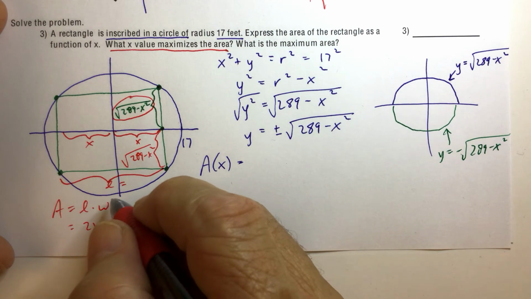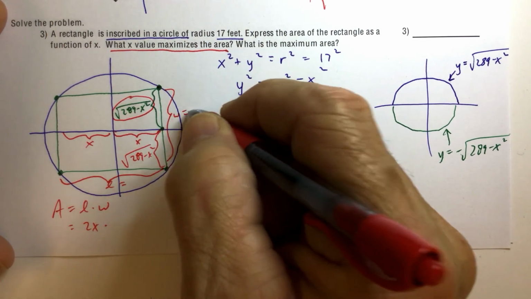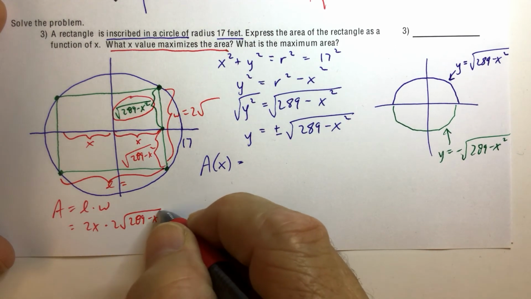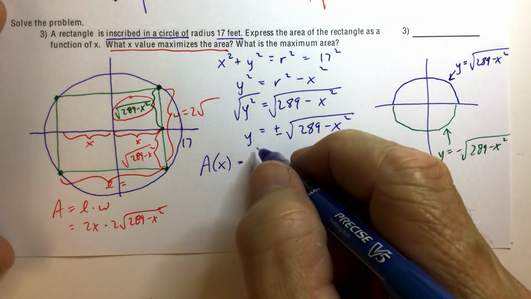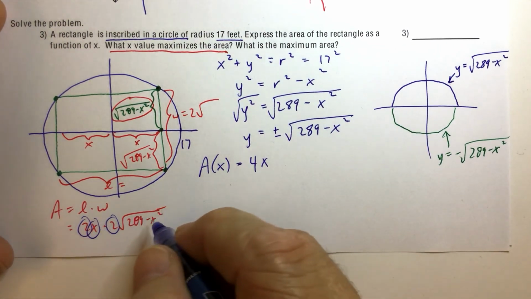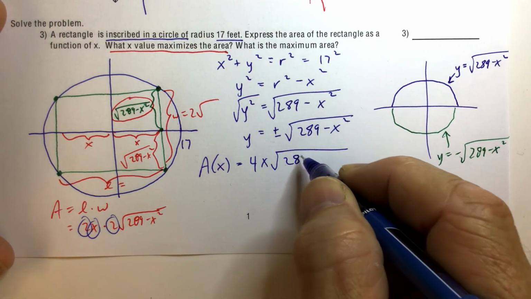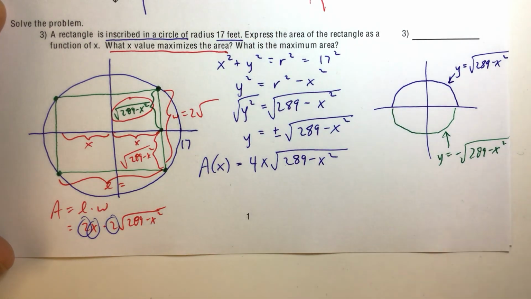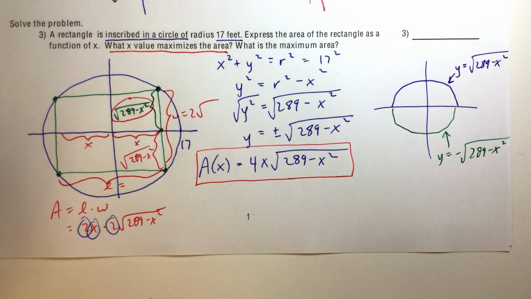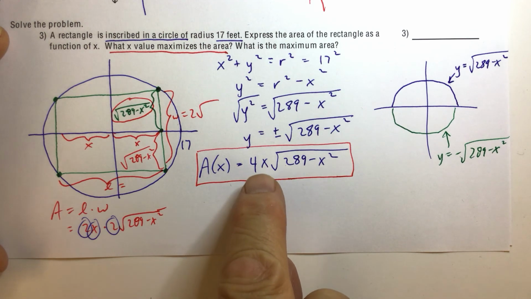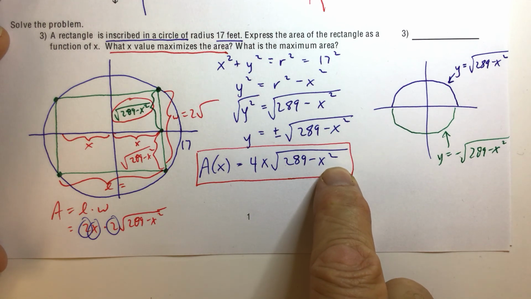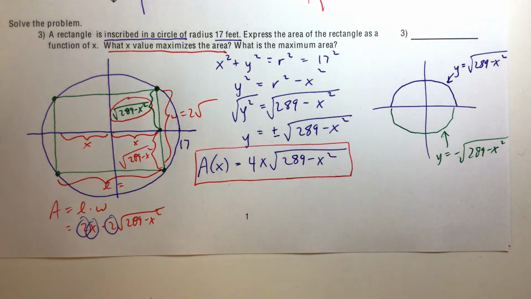Therefore, the width would be two of those, two of the radicals. So I'm going to write it just like this: 289 minus x squared. And that's the area in terms of x. So we have a 2 times a 2, that gives us 4, times x times the square root of 289 minus x squared. So that is our area function. And like I said, I'll make a second video showing you how to figure out what the maximum area would be and what x would be required to maximize that area. Actually, I'll do that in the next video.